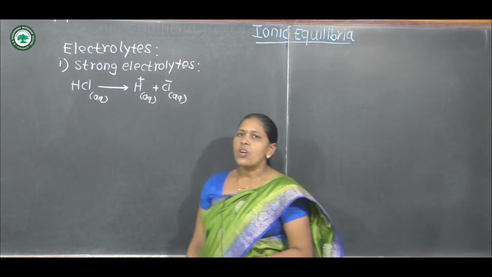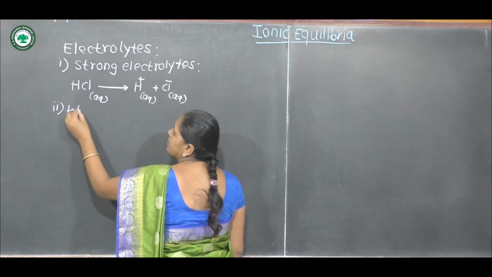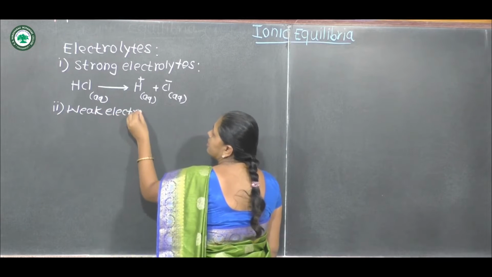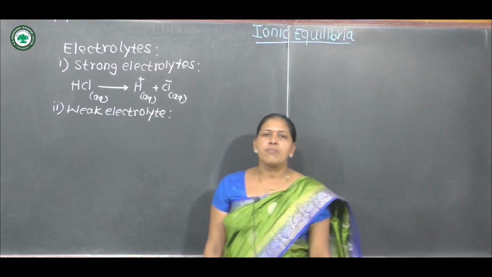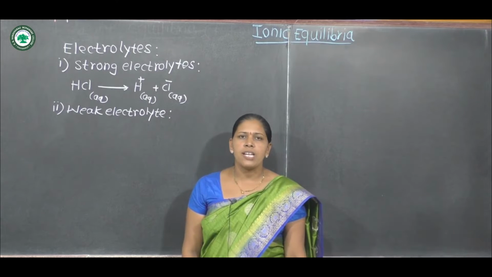It is called a strong electrolyte. Then second is weak electrolyte. An electrolyte which is partially dissociated into its ions in aqueous solution is called a weak electrolyte.